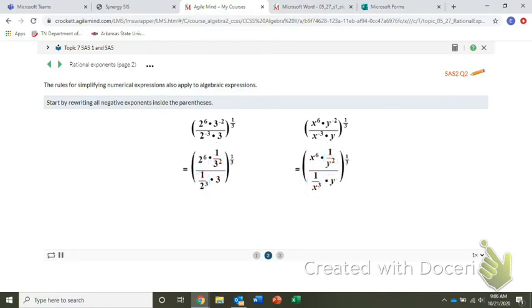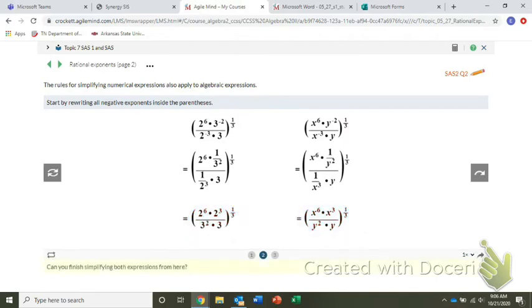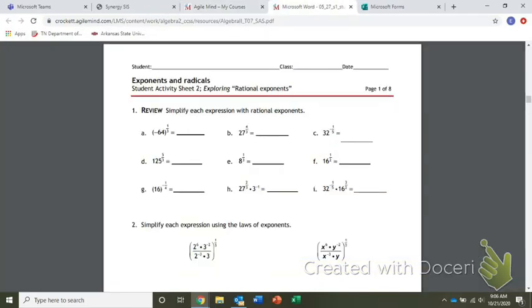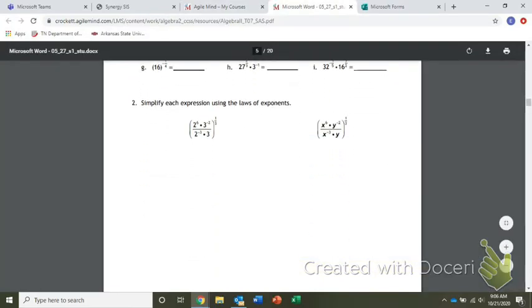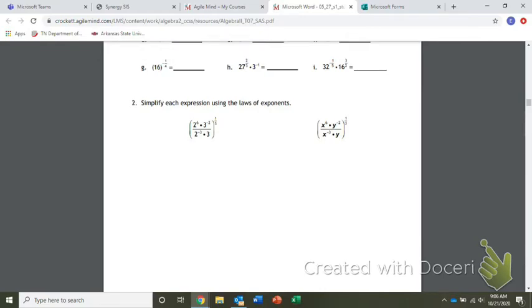So, it is showing you that is correct, but I think I'm going to do it on my own so I can show you the easiest way for you to do it. All right. So, let's go ahead and let's simplify.